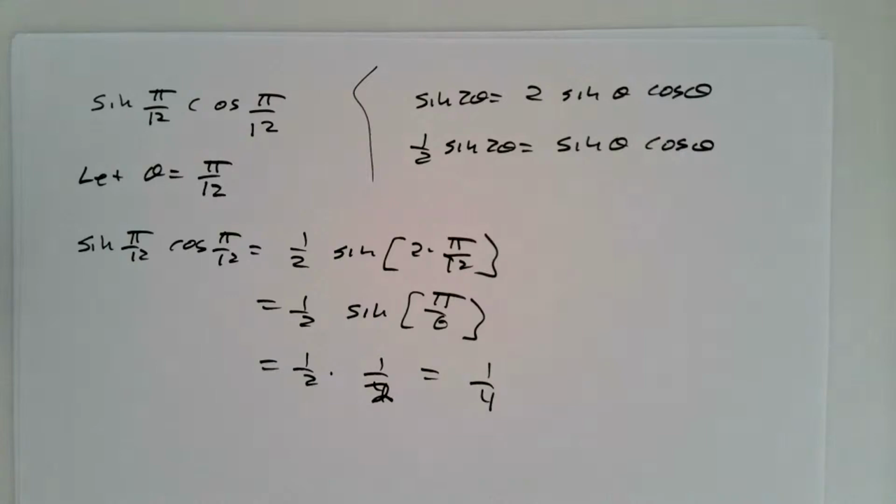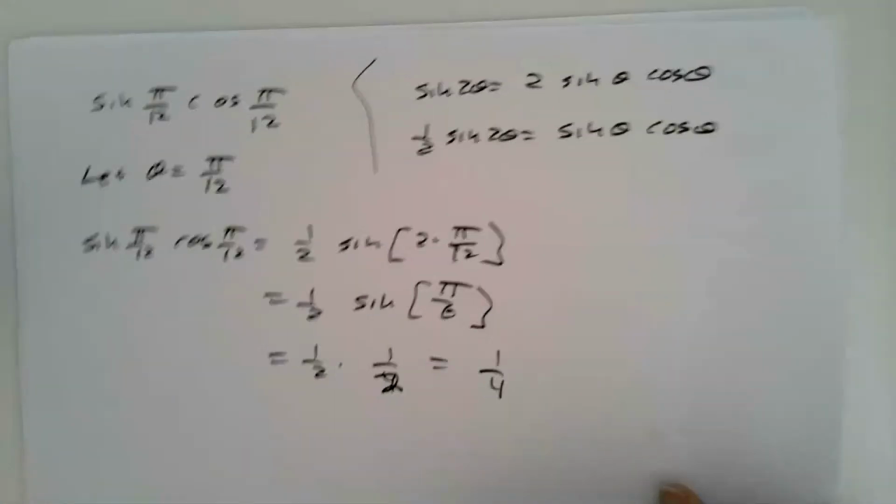All right, my next question is a proof. And I'm going to do this right-hand side first and then left-hand side, which is a little unusual. But we have sine of a plus b over sine of a minus b. We want to equal tangent a plus tangent b over tangent a minus tangent b.